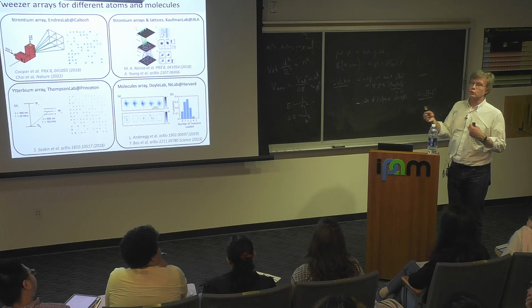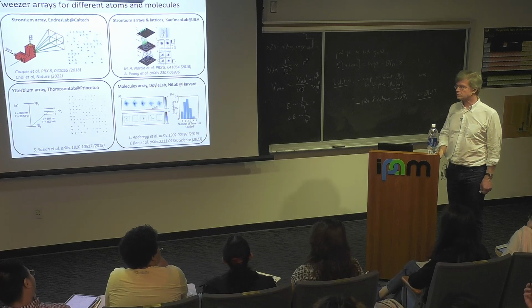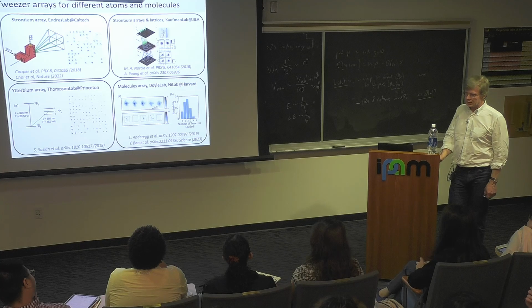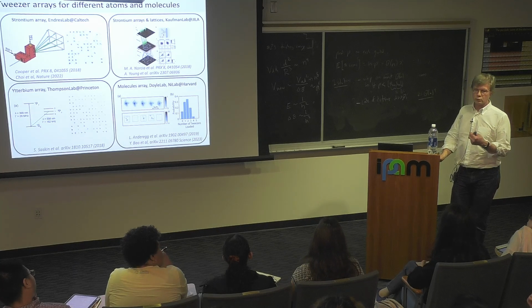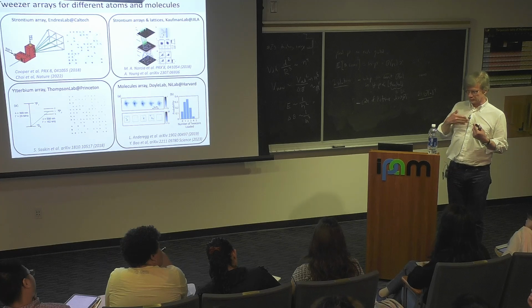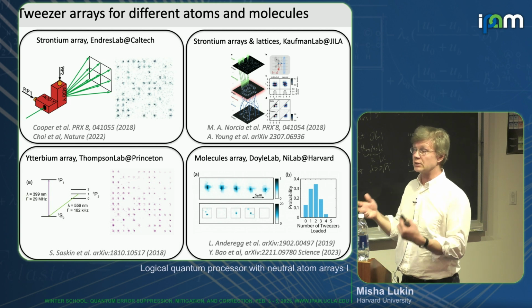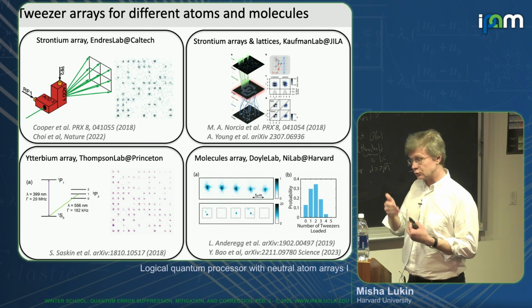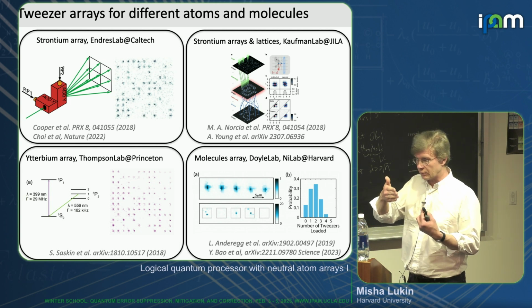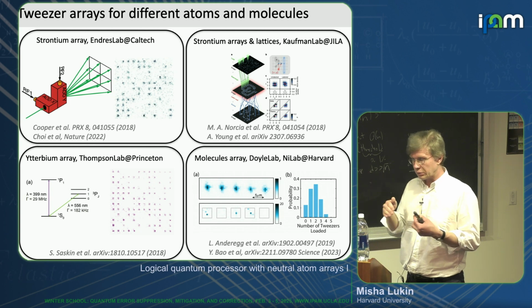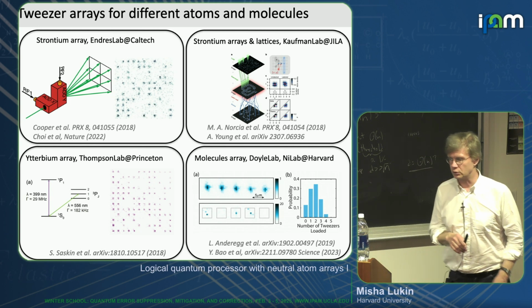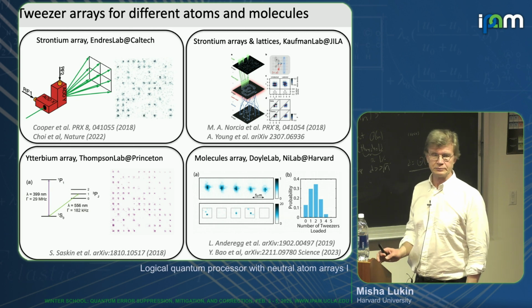For example, you can pack a lot more atoms all of a sudden. One limitation, however, is that you will lose some degree of parallelism. With 2D arrays, we can control all of the atoms at once, independently. With 3D, maybe you can control them layer by layer, but these are all interesting future directions.